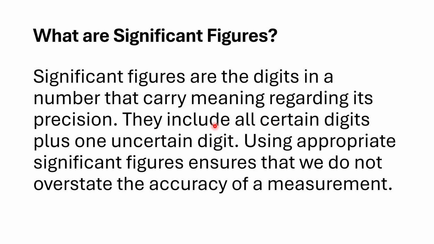Once again, they include all the certain digits, the true values we know about, plus one uncertain digit. Using appropriate significant figures ensures that we do not overstate the accuracy of the measurement.